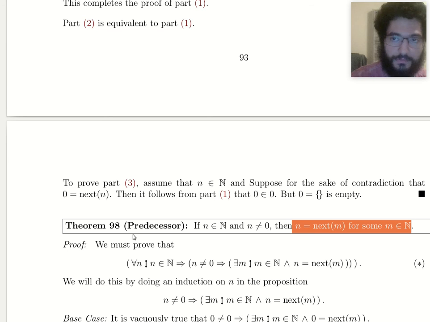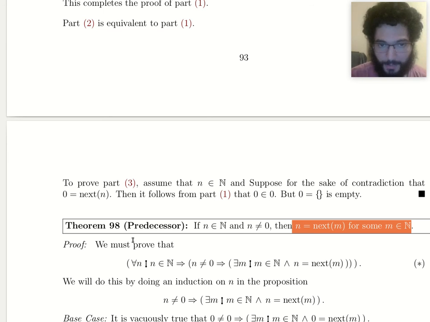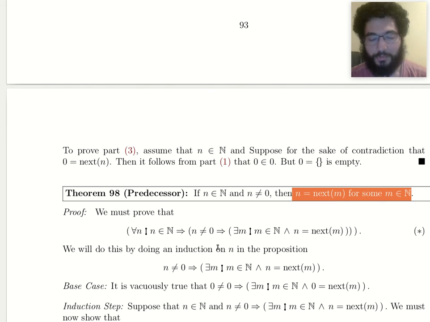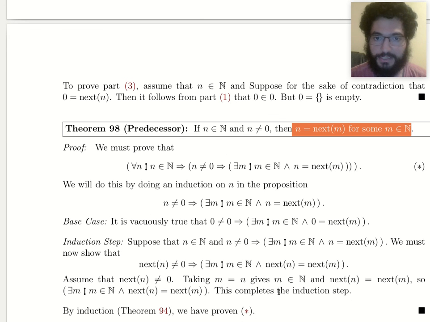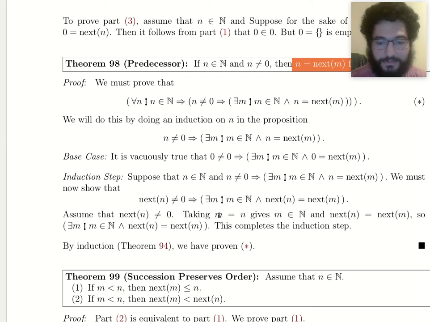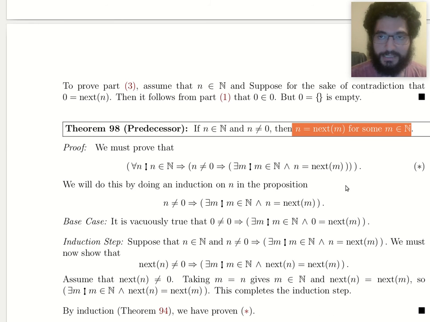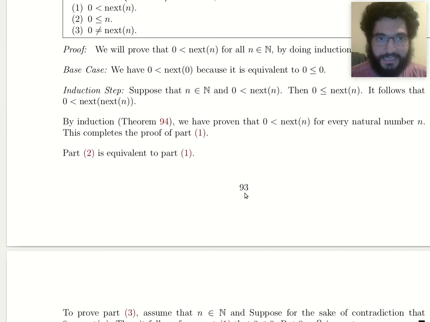So we should be pretty happy that theorem 98 is true, but I'm actually going to recommend that you skip reading over this one. And the reason for it is that it's kind of a terrible example of induction. It just does not go the way induction normally goes. And unfortunately, it's the second example we run into.